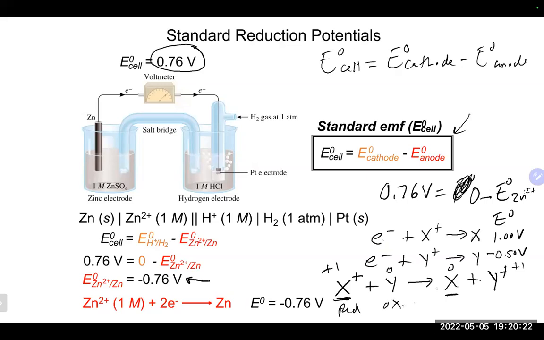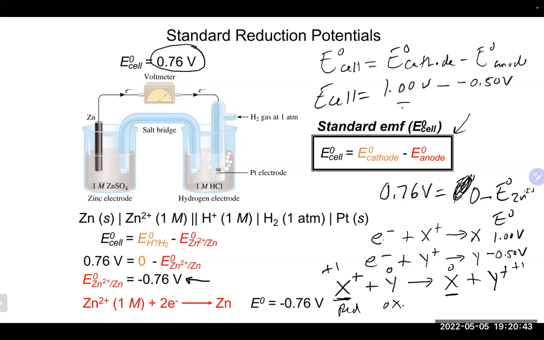So if we wanted to calculate E of the cell, our E of the cell in this case would be our cathode, which obviously would be my X, minus my anode, which would be my Y, which would be minus 0.5 volts.